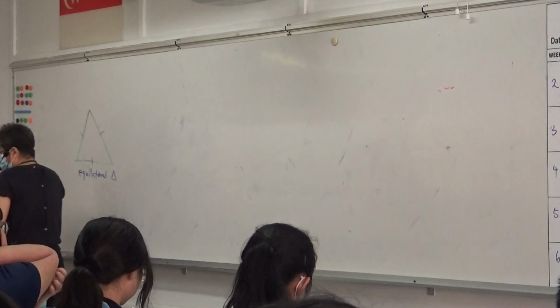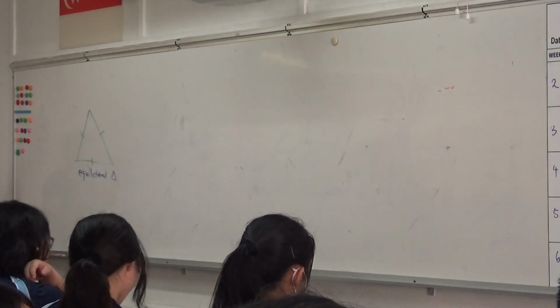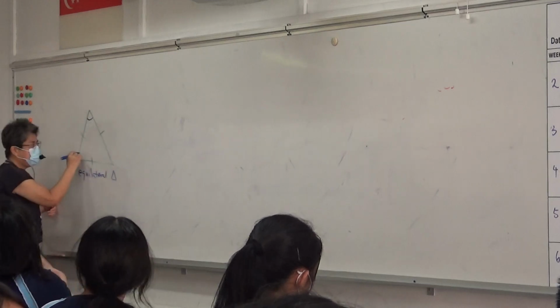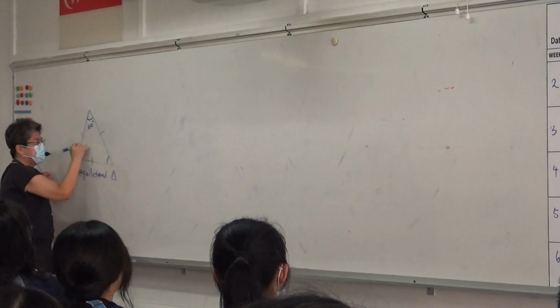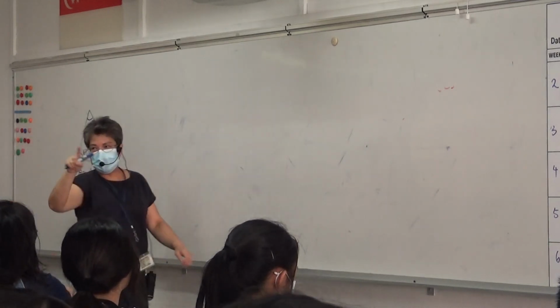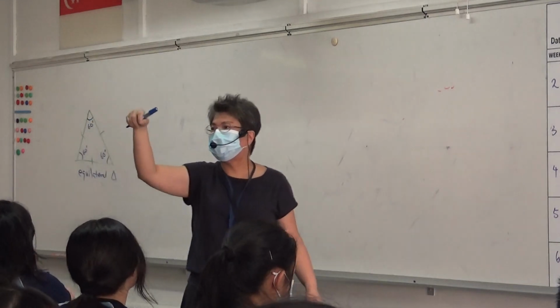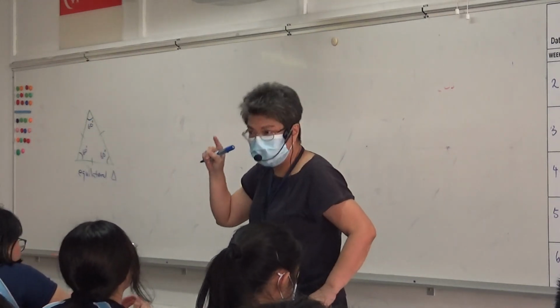Now, if all three sides are equal, I can also conclude one thing. All three angles are also equal, so they are 60 degrees. And you must know that the three angles of a triangle add up to 180 degrees. Later I'll tell you how to write the reason.